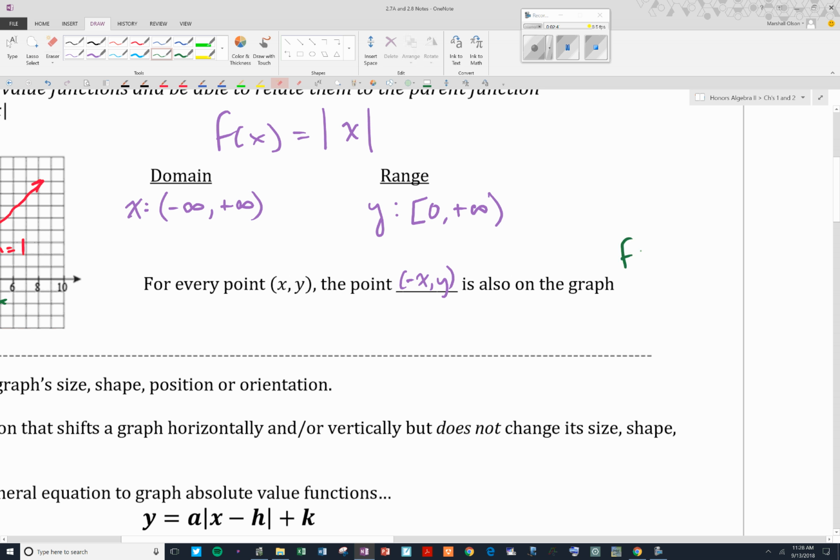What this tells us is that the function value at negative x is the same as the function value at x. This is the definition of what's called an even function.